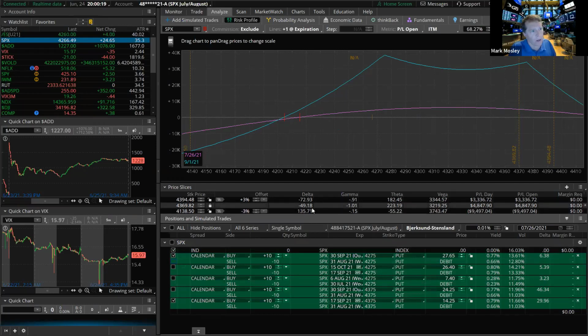And then another metric I've talked about that I look at is the delta to theta ratio. So again, I'm not totally sure that these numbers are realistic, because we're a hypothetical move to the upside and hypothetical move forward in time. But if we took 49 divided by 223, okay, that's 22% delta to theta, which is getting up there.